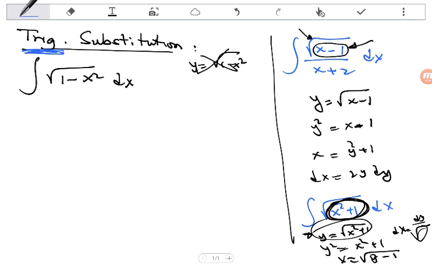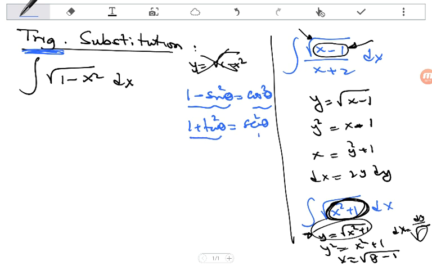What is trigonometric substitution? It makes use of the formulas of trigonometric functions, which is 1 minus sine squared theta is equal to cosine squared theta. These two terms are turned into one term. Also, we have 1 plus tan squared theta is equal to sec squared theta.